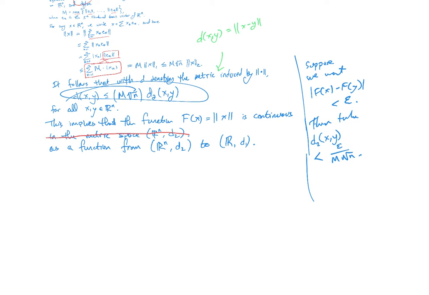Now, this norm is itself a continuous function in the metric space we need here. It follows that if we restrict our function to the n sphere, I guess the n-1 sphere, this is a continuous function on a compact set.